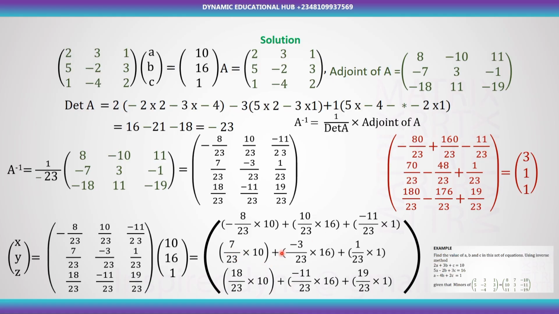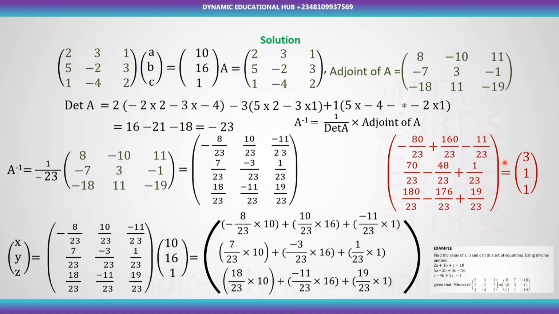And this, we are going to get minus 3 multiplied by 16, that's 48, minus 48 over 23. And 1 times 1, that is 1 over 23. And for the last row, we are going to get 180 over 23 minus, this one will turn to minus 11 times 16, that is 176, minus 176 over 23, and plus 19 over 23.